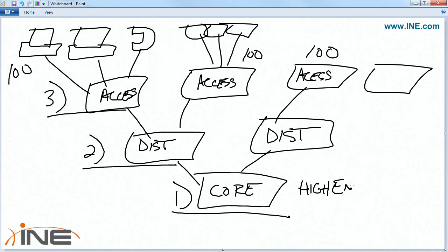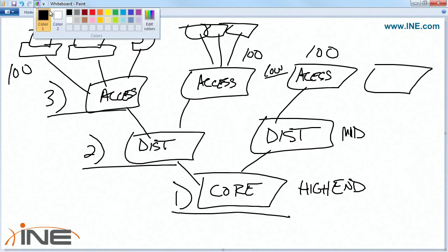So typically this is where you're going to see the real high-end devices. Distribution is where you may have somewhere between the mid-range and the high-end. The access layer switches are usually the low-end platforms, where they're not going to be running many services when we look at the software functionality of the switches.